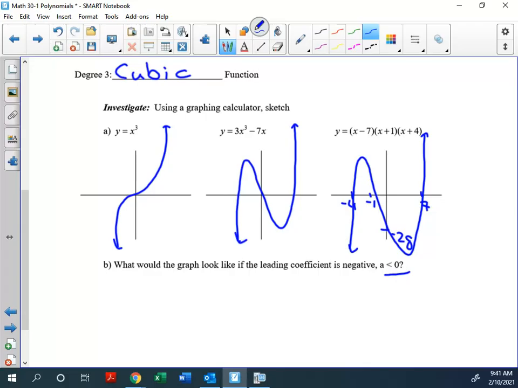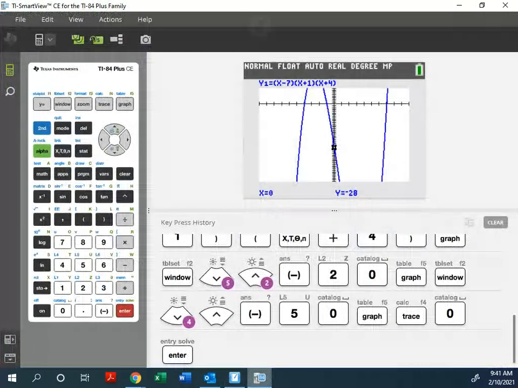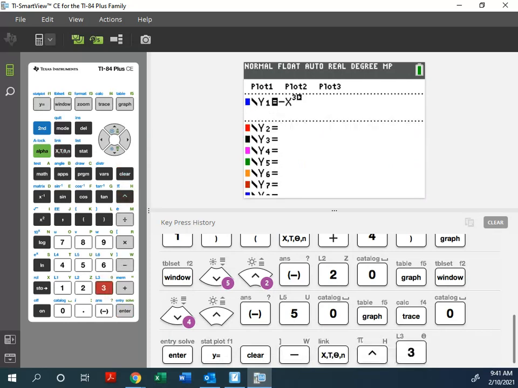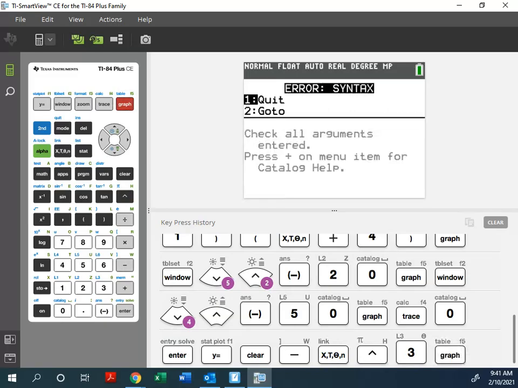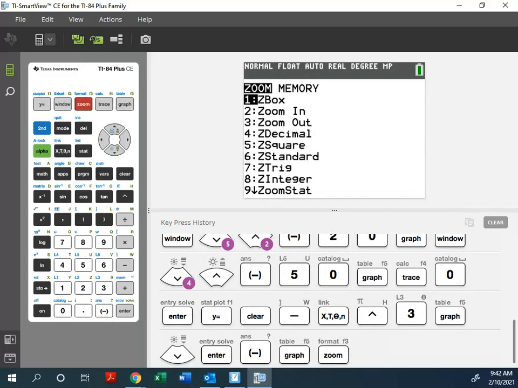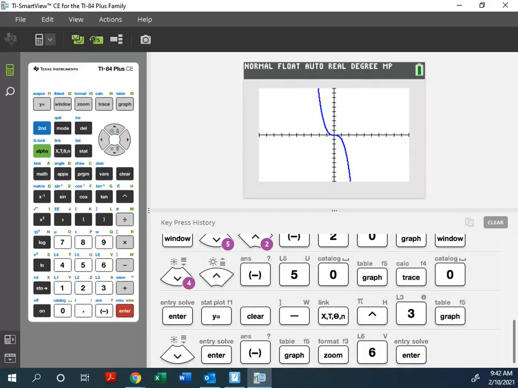Well, before we state that, let's really look at it. Let's take our basic cubic and make it negative and see what happens. Is our prediction correct? I did negative instead of that. Was our prediction correct? So that negative, if you want to think about it, did a reflection, or we can think about it, it behaved the same way a line does.